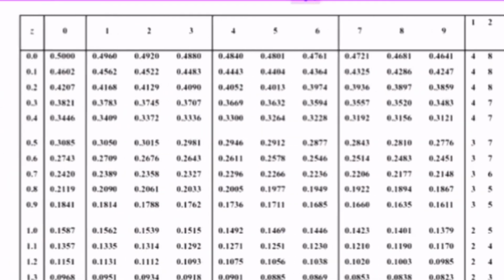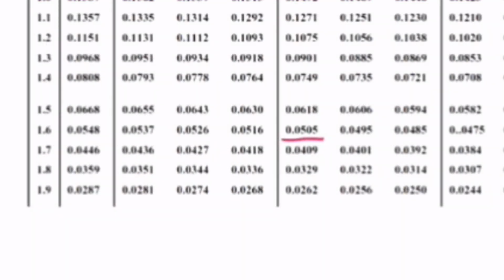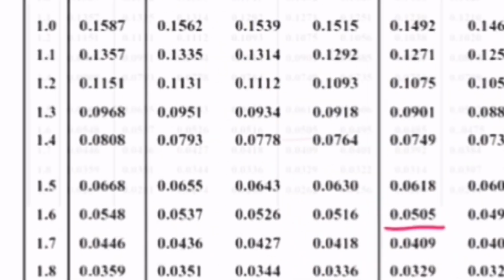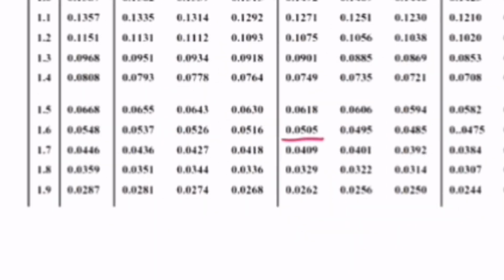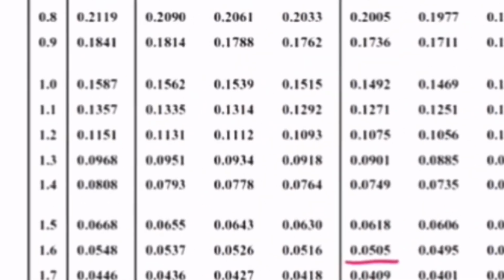Now we go to the distribution table. Find where is 0.05. It's here. Can you see that? There is an extra 0.5, so we have to do adjustment. We have 0.0505.